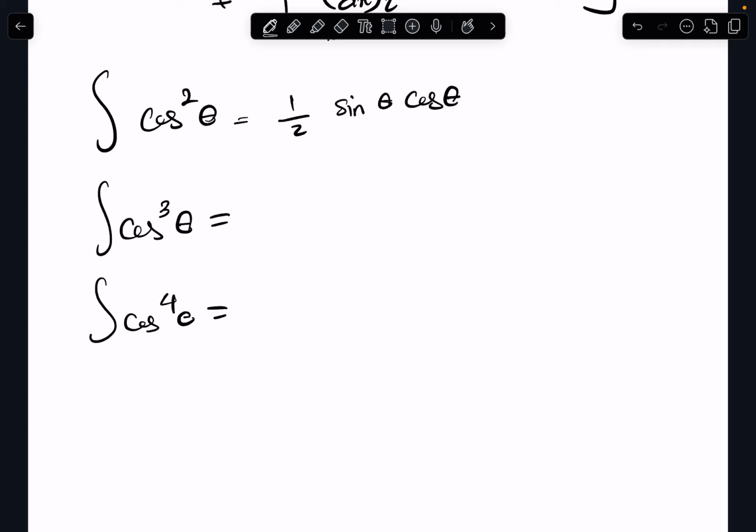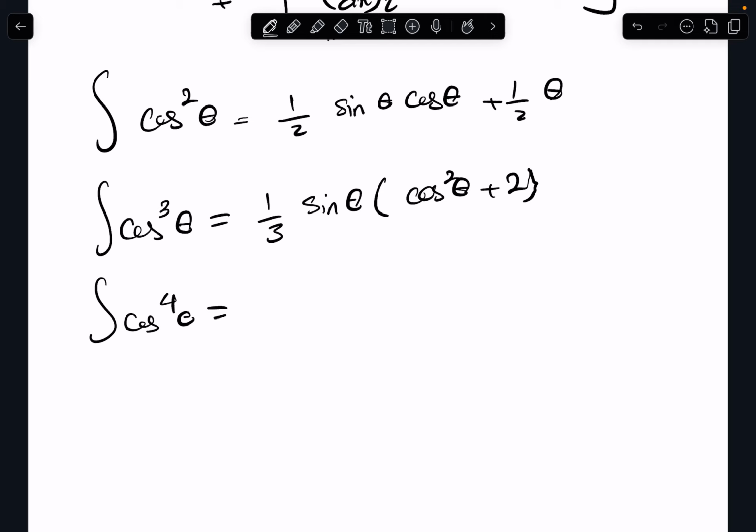The solution to the integral of cosine squared of theta is 1/2 sine of theta cosine of theta plus 1/2 theta. The solution to cosine cubed of theta is 1/3 sine of theta cosine squared of theta plus 2.